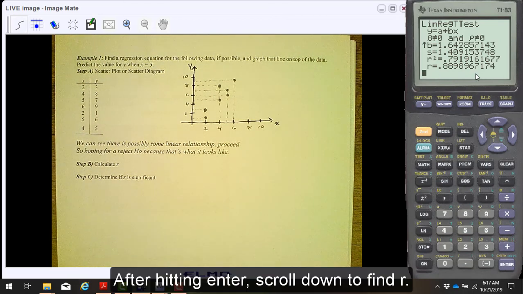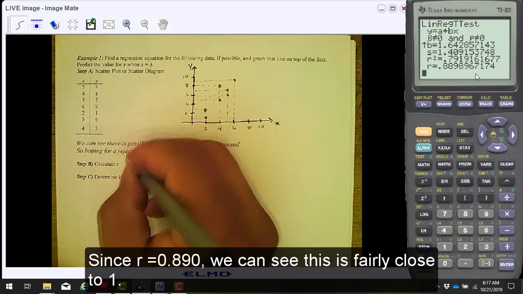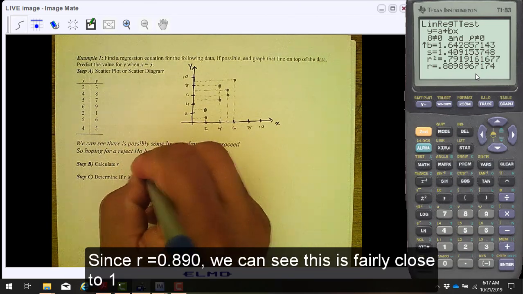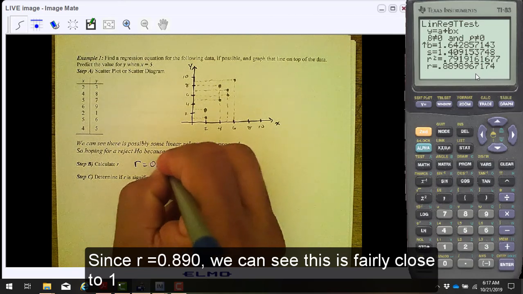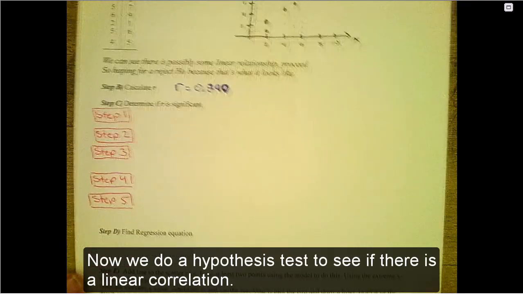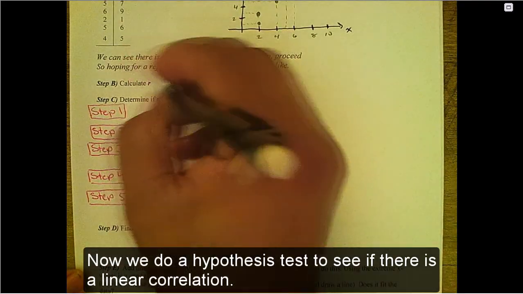After hitting enter, scroll down to find R. Since R equals 0.890, we can see this is fairly close to 1. Now we do a hypothesis test to see if there is a linear correlation.